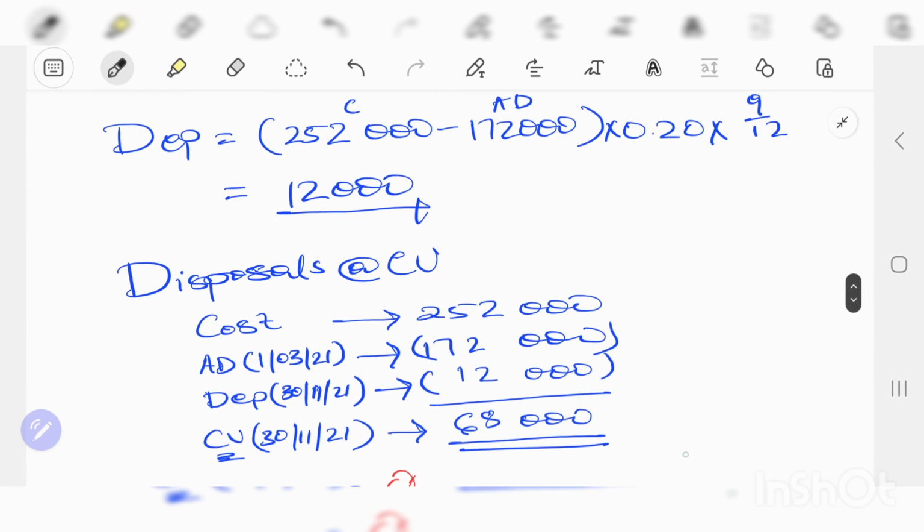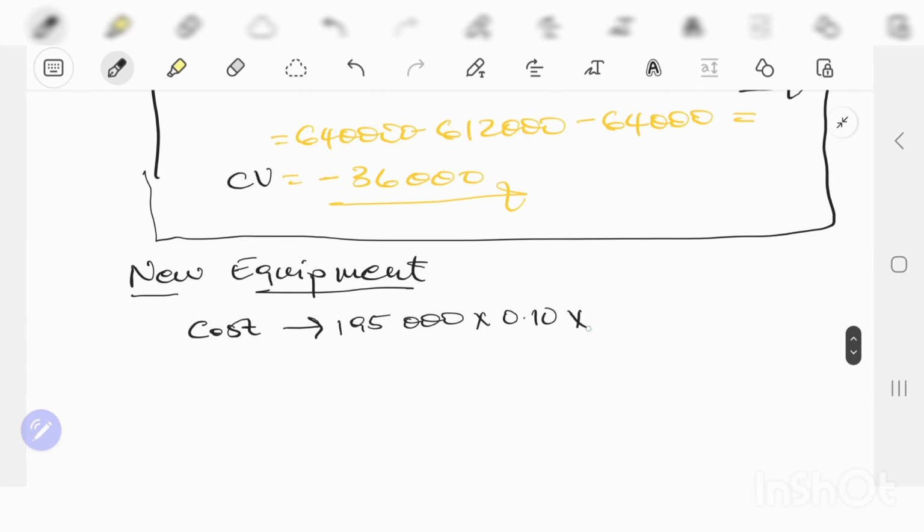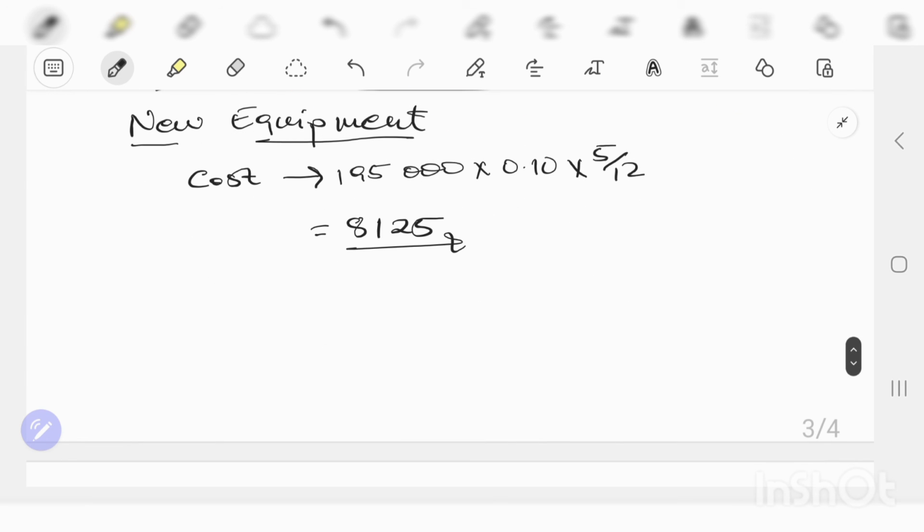So it is 5 over 12. And it's going to give us 195,000 multiplied by 0.1 multiplied by 5 over 12, which gives us 8,125.